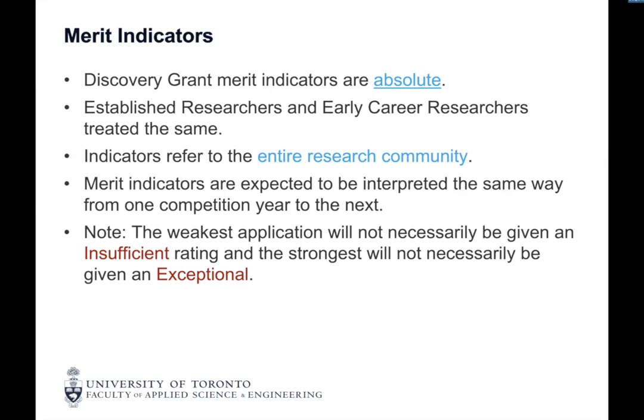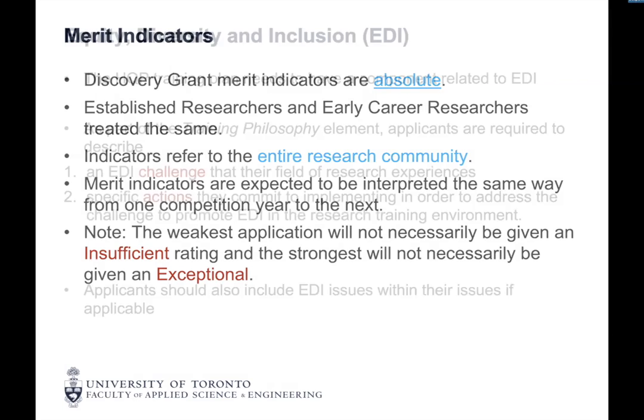Established researchers and early career researchers are treated the same during this phase, but when funding them, we actually fund early career researchers with lower ratings than we would established researchers. So that's how we deal with it. And then we look really at these indicators to reflect the entire community. And so we also look to interpret them the same way over a period of a few years.